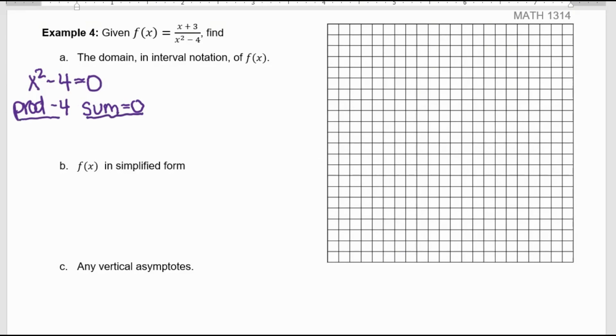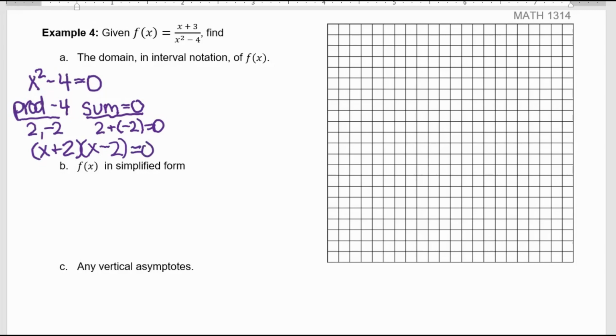Remember, for sumo, we would take the square root of 4, which is 2, which means that 2 and negative 2 multiply to be negative 4, and 2 plus negative 2 get us to 0, which means this guy factors into x plus 2 and x minus 2.